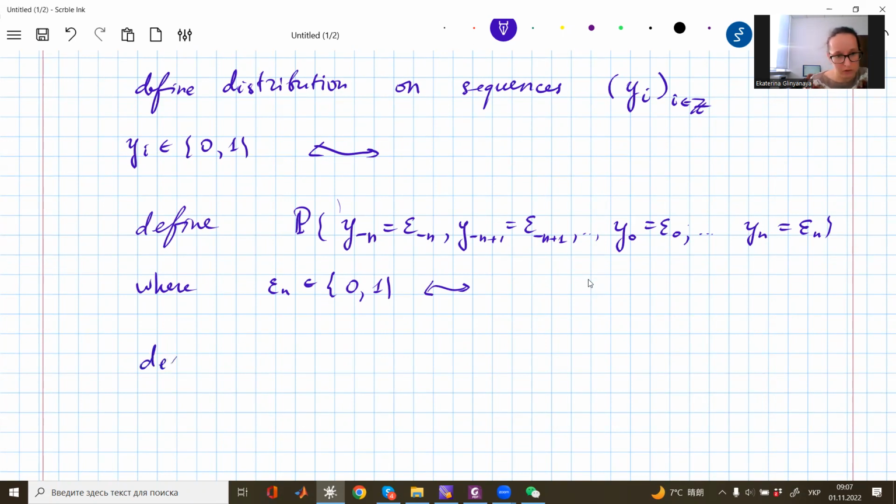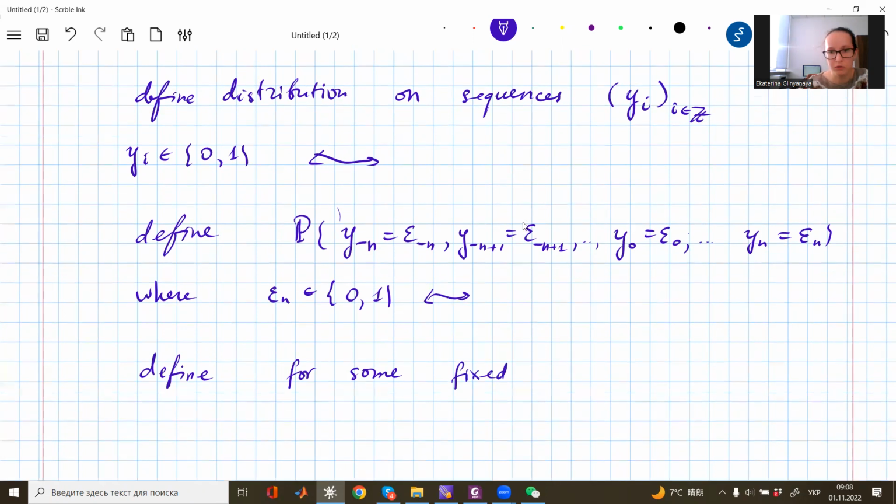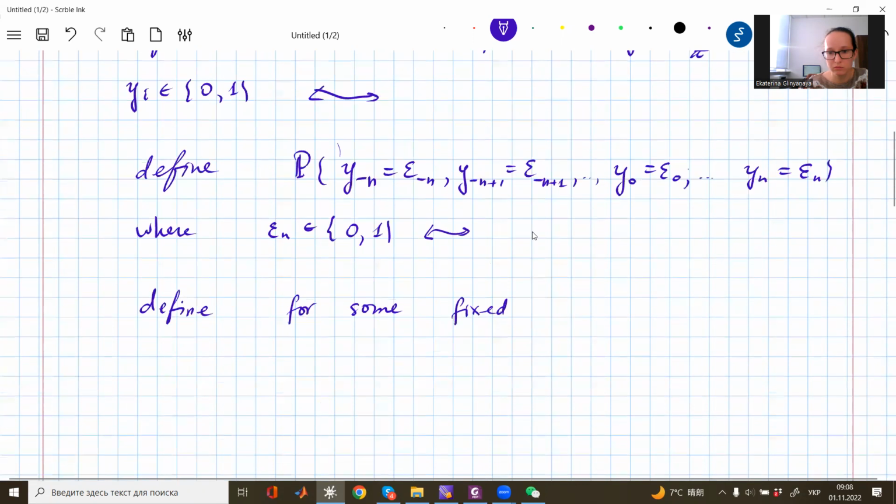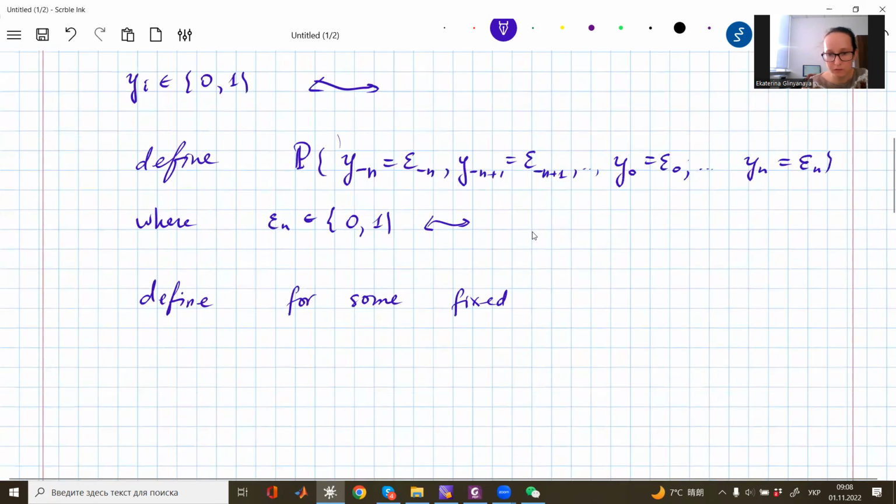So this is the same as if I define the following probabilities, for some fixed points z1, z2, and so on, zm.